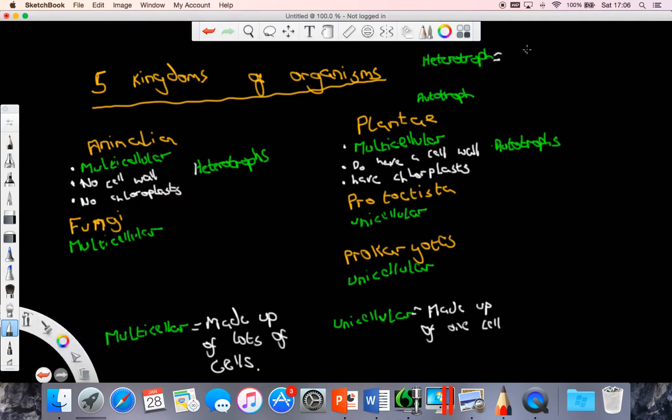So heterotrophs eat other organisms, whereas autotrophs produce their own food. So they make their own food.